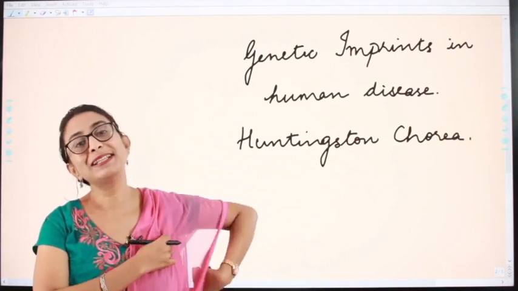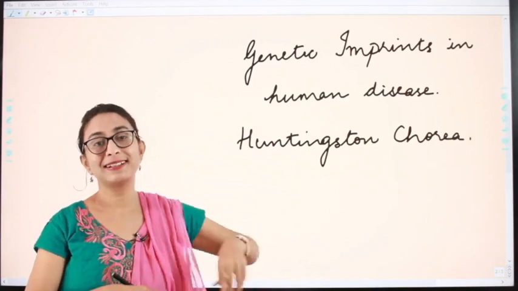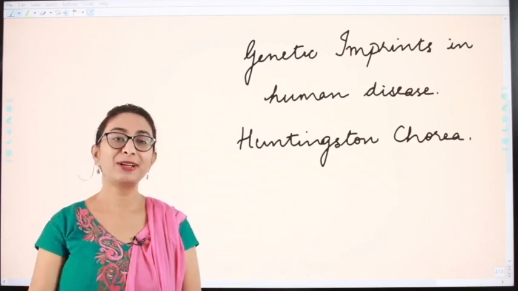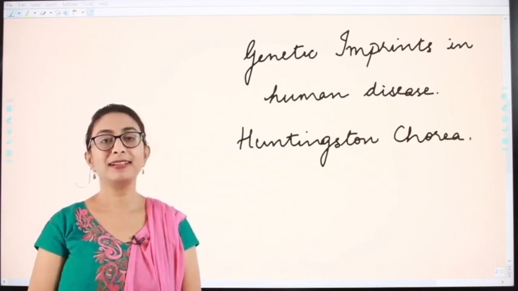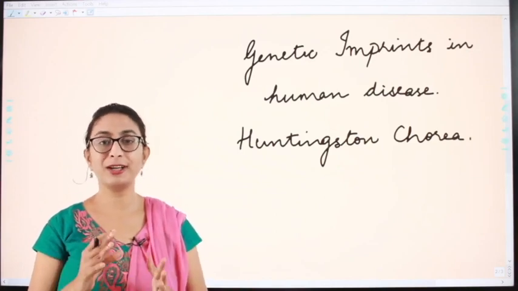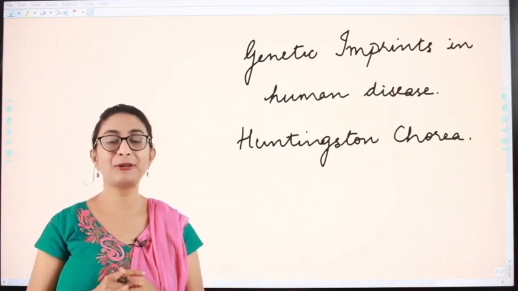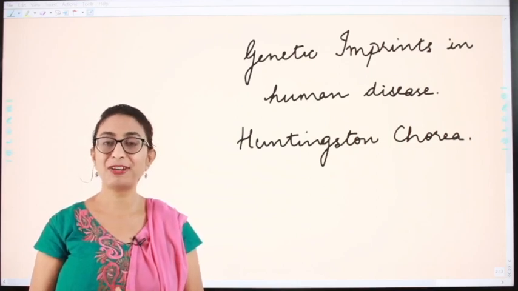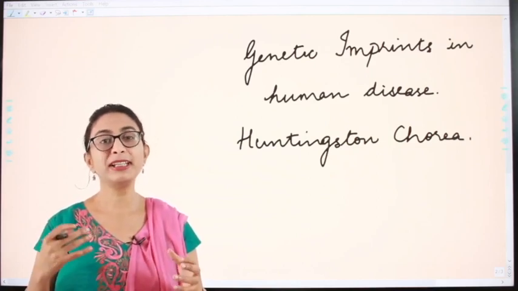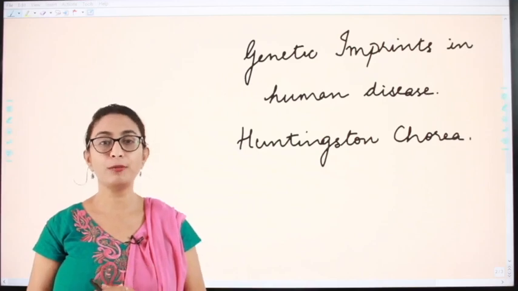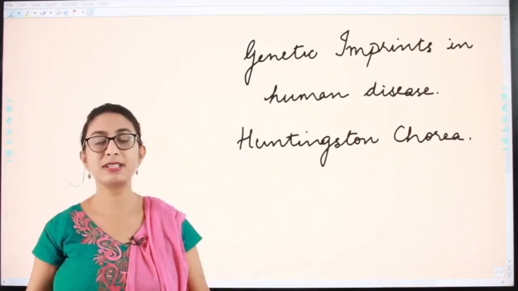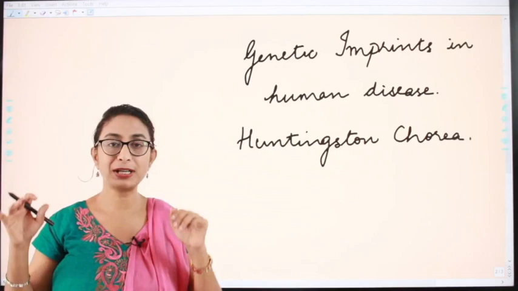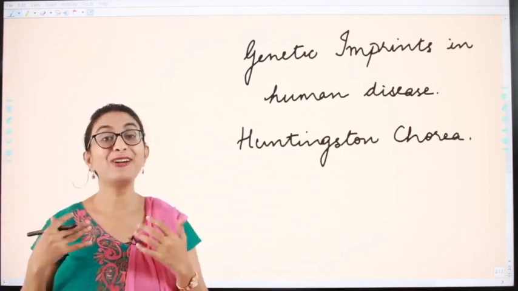Just like you see people who are drunk walking on the streets, dancing without control, people suffering from Huntington's chorea keep making jerky movements. Their hands, limbs, legs, entire body parts move without their control.